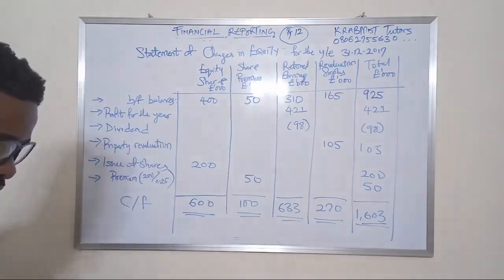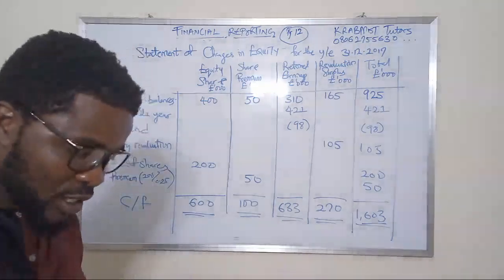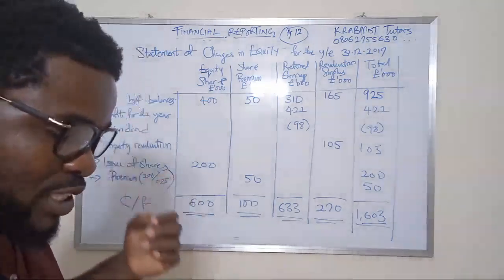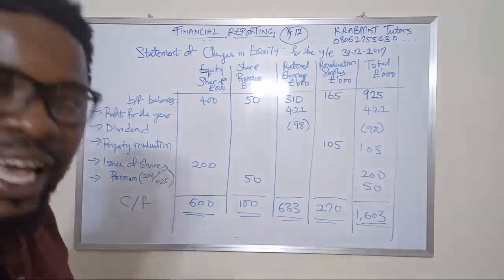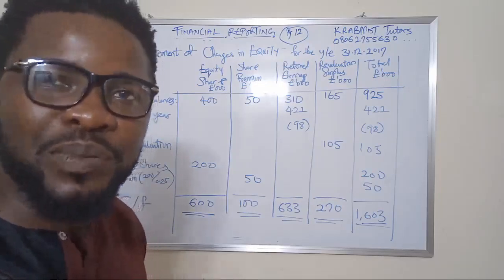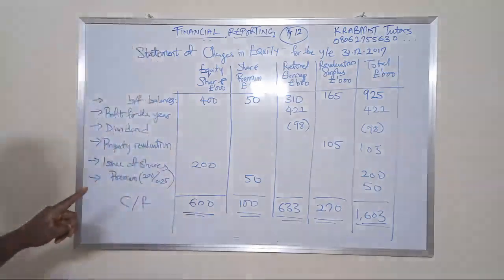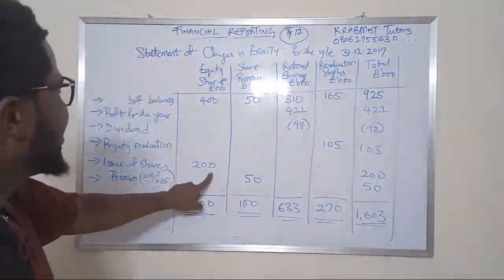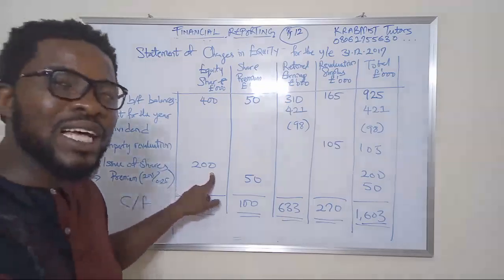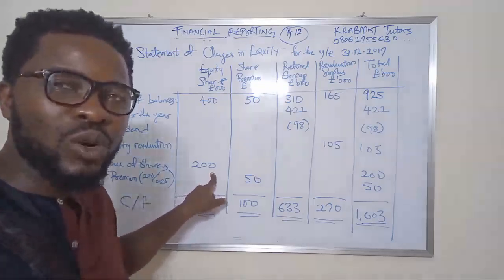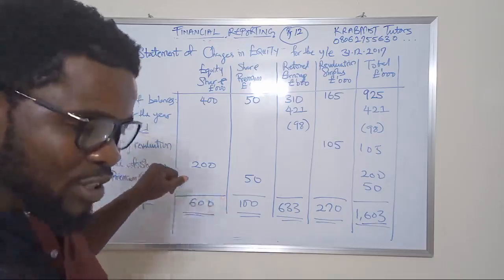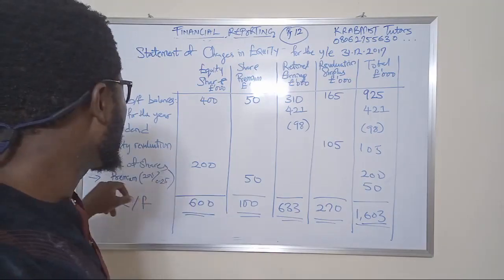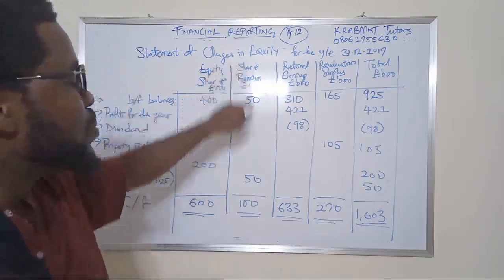Then the shares, which was the tricky part of the question. They said 200 equity shares of $1 were issued during the year at a 25-cent premium, meaning the issue of shares is 200. When they say at a 25-cent premium, the premium goes to the share premium.